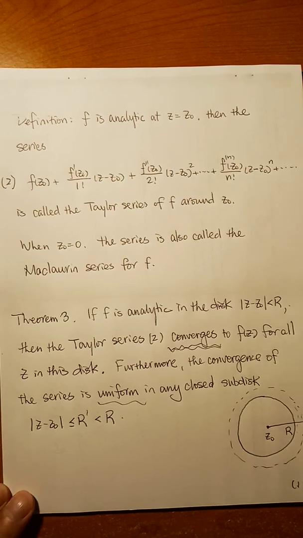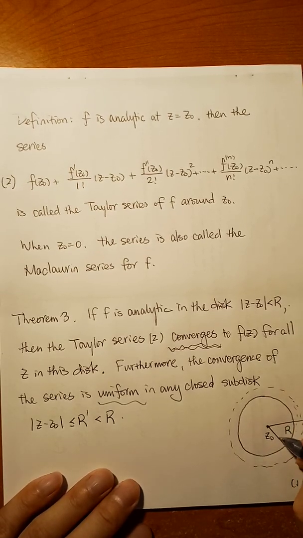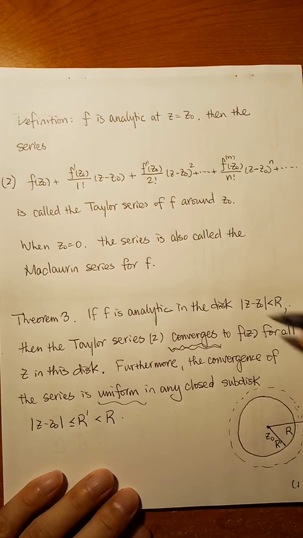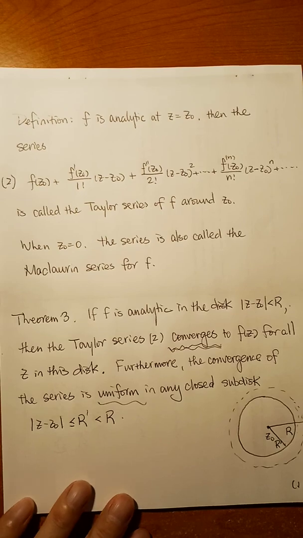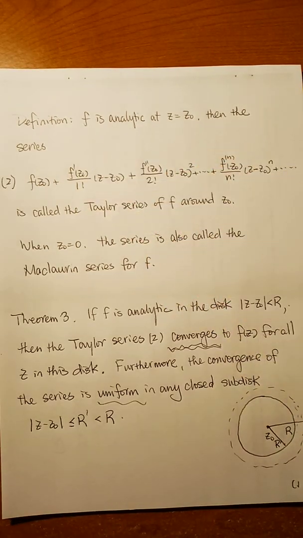Okay, so that's what theorem 3 says. We can only claim the convergence inside the disk. So there are certain conditions about the equality between the analytic function and its corresponding Taylor series.